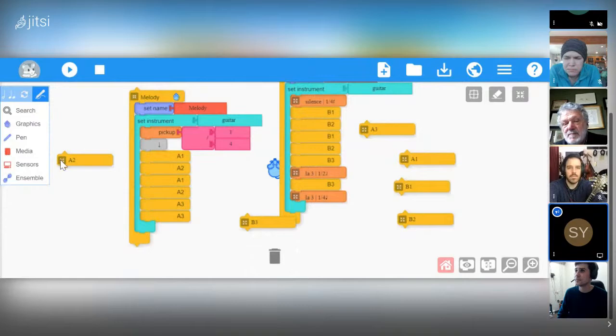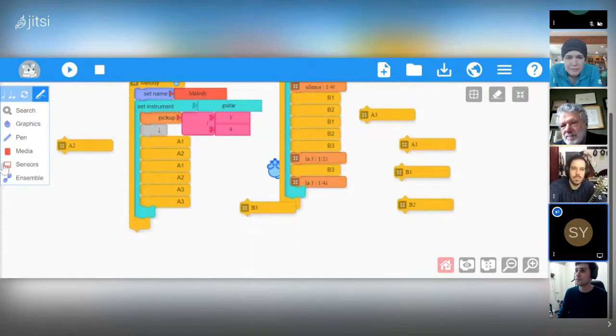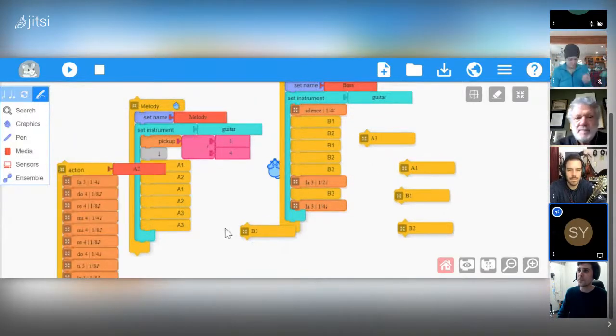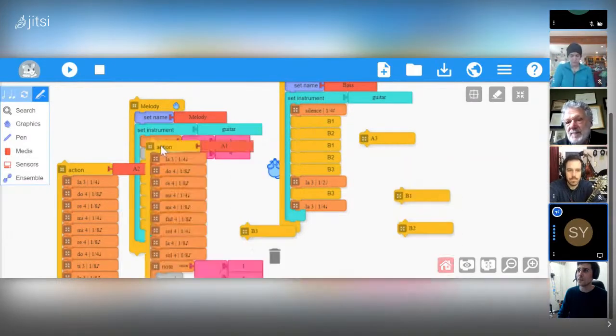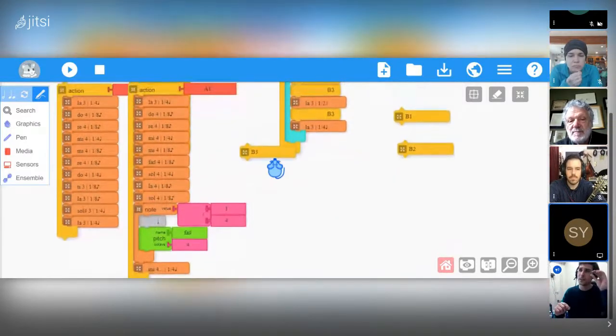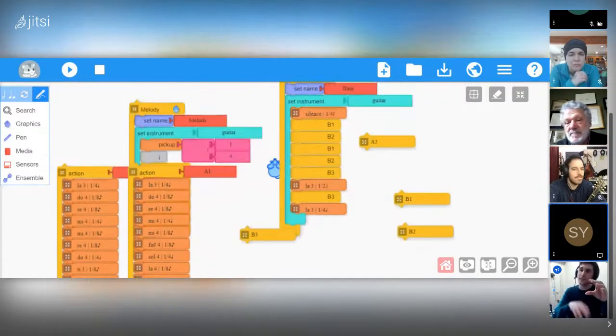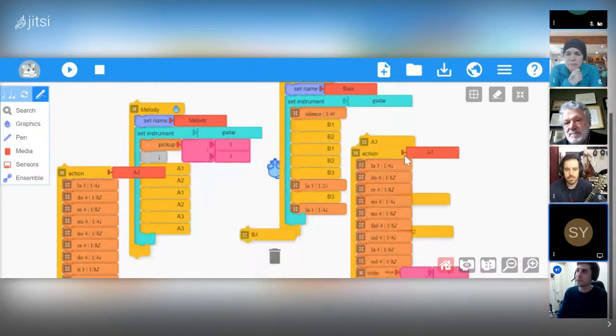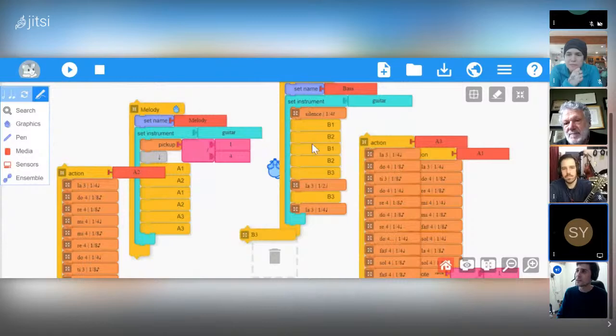All the A ones are the same as each other, and all the B ones are the same, and all the A2s are the same, and you didn't have to copy and paste all of those notes or re-put them in. You could reuse them.